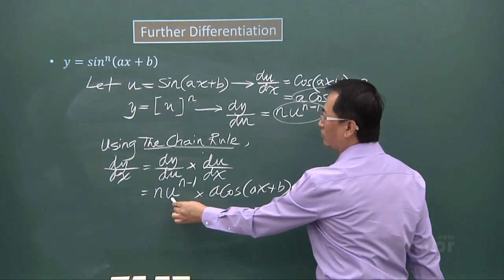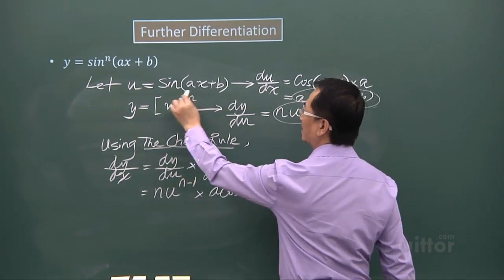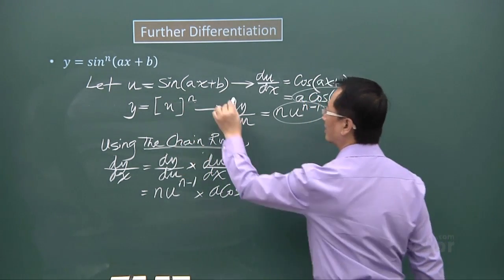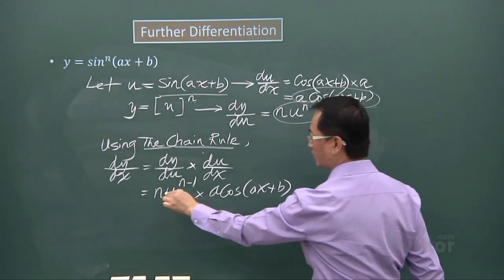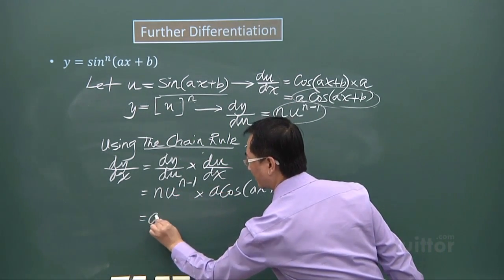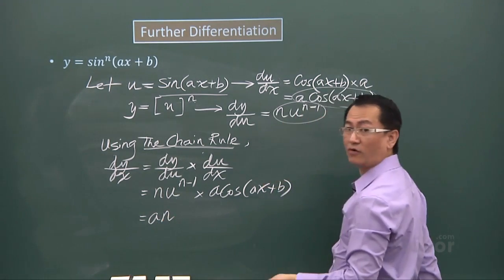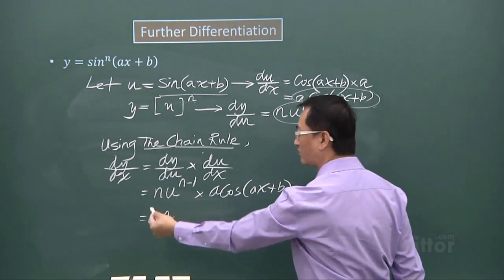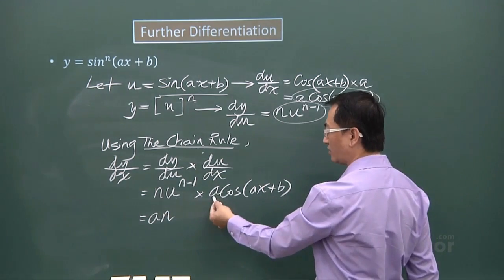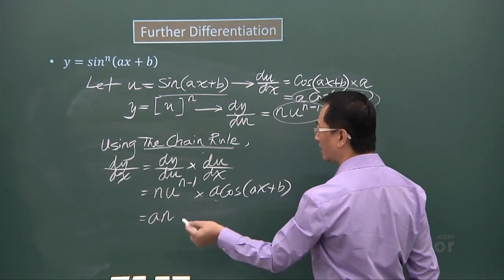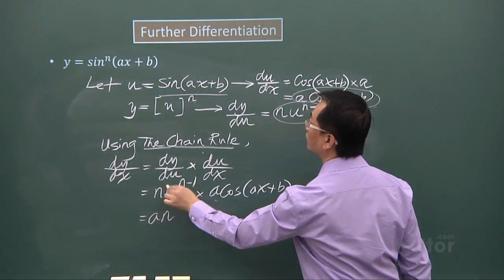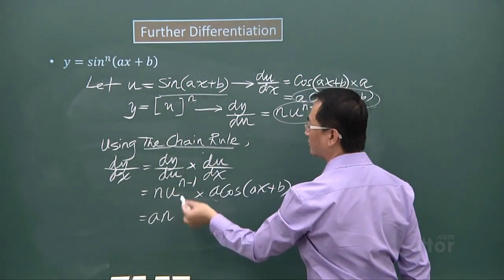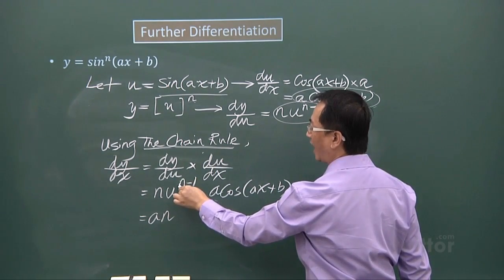The u, remember, is actually this expression. So, a times n. Go for all those constants first, place them right at the front. a is constant, n is constant, followed by u, which is this expression, raised to the power of n minus 1.